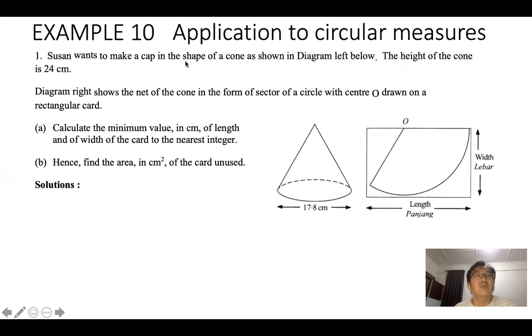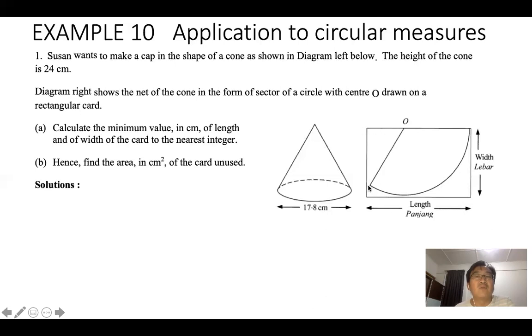Students want to make a cap in the shape of a cone as shown in the diagram left below. The height of the cone is 24 centimeter, and the diagram right shows the net of the cone. When you open up the cone, you will get this shape. So calculate the minimum value in centimeter of the length and width of the cut to the nearest integer.